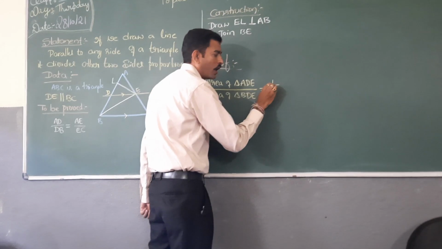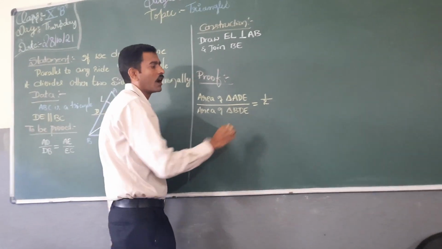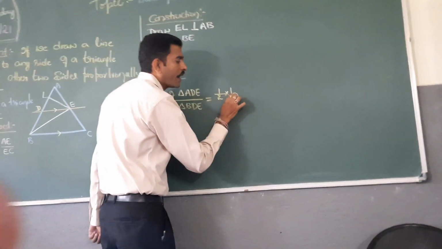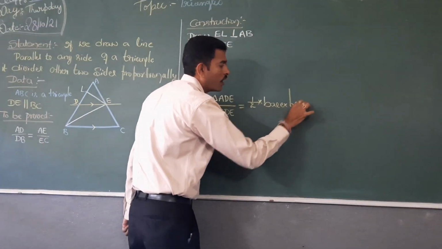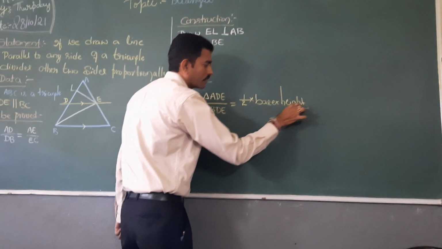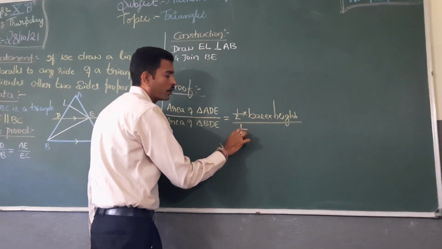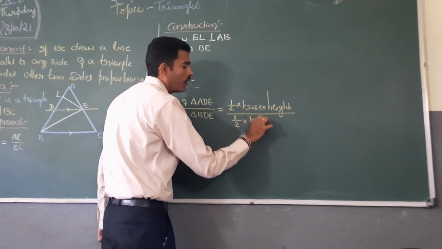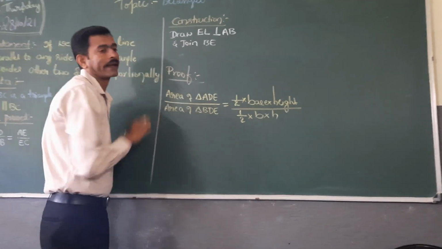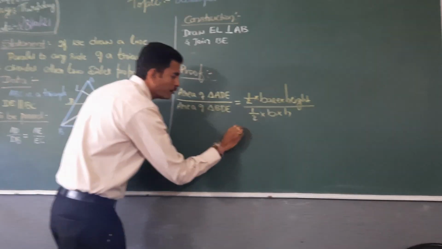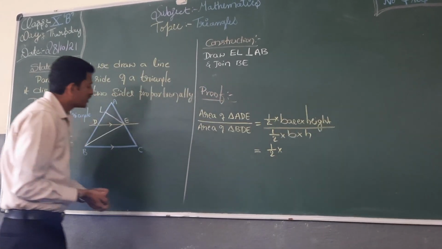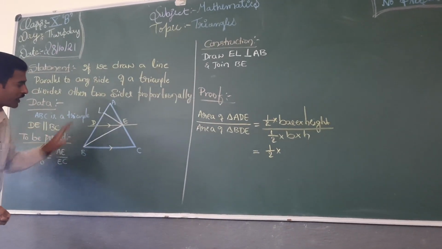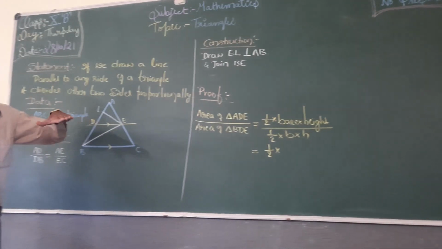Sir, the formula for the area of a triangle is half into base into height. Okay. Now see, two triangles are there. Children, now you substitute for half into. What is the base? Sir, in triangle ADE, usually DE is the base.